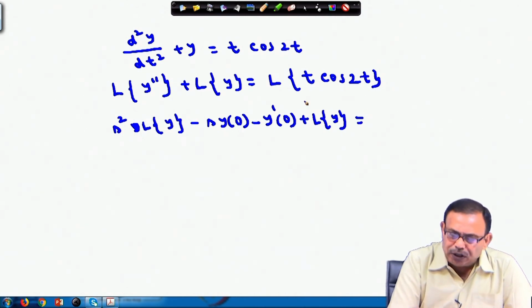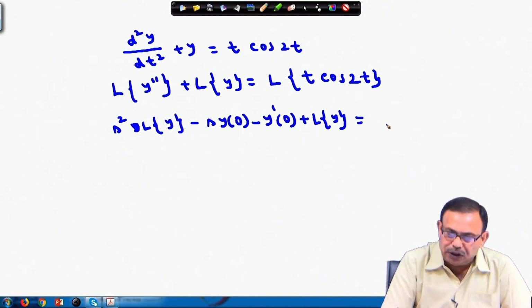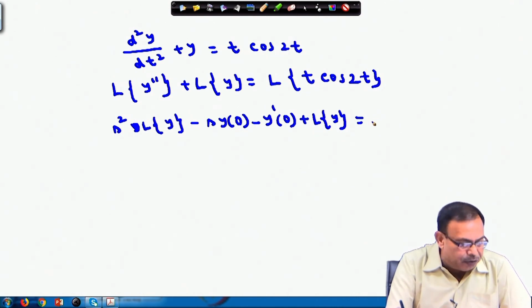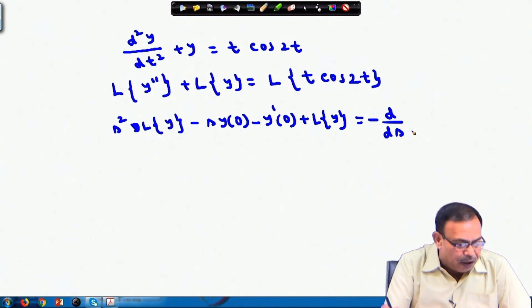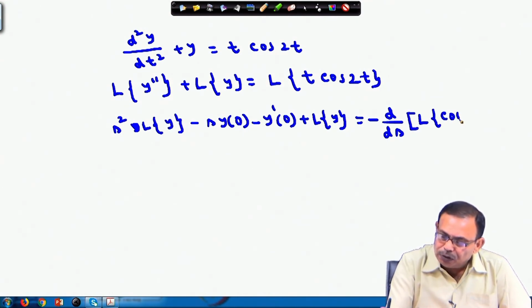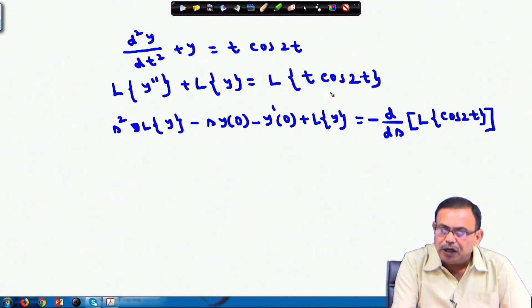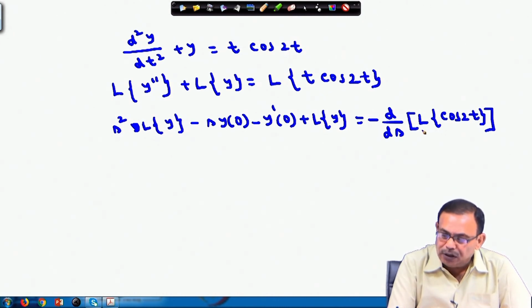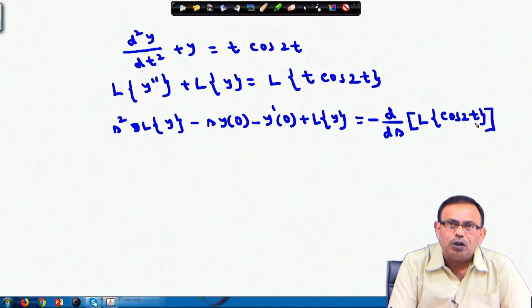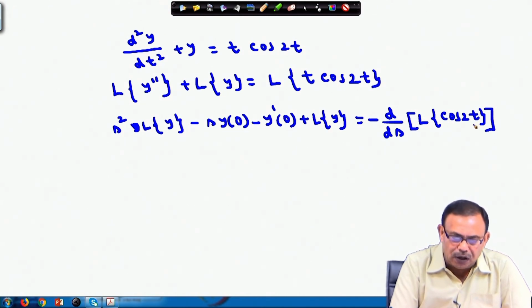Now, this Laplace transform of t cos 2t, again using the property, I can say this is nothing but minus d ds of Laplace transform of cos 2t. Since t cos 2t is there, using the property, minus d ds into Laplace transform of cos 2t, this we can write down.